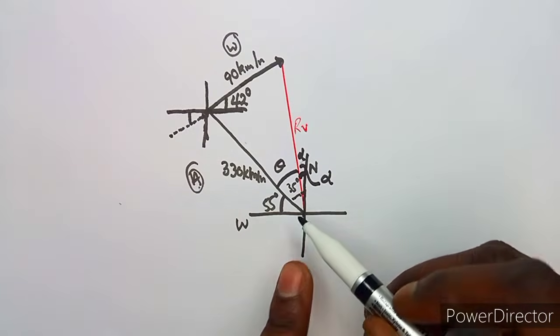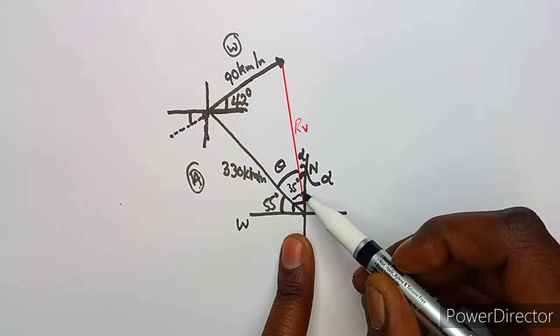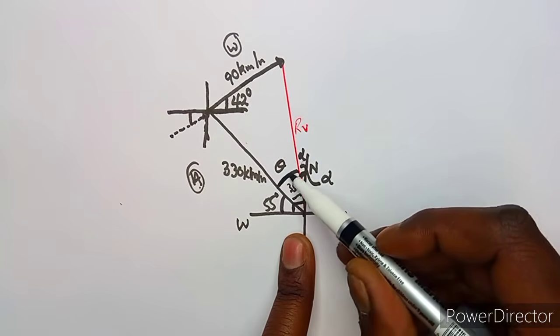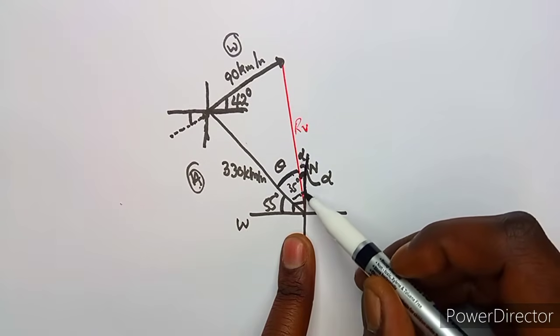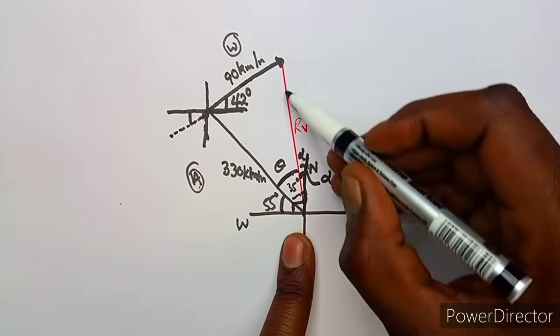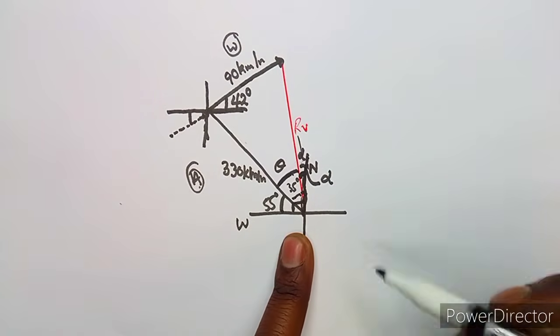So these three angles give us 90 degrees: 55 degrees, this angle theta and this angle alpha. This is no longer 35, because 35 was covering from the north up to this line, but now there is a line that has been drawn in between, so it's no longer 35.